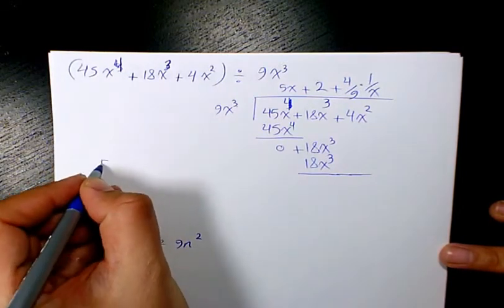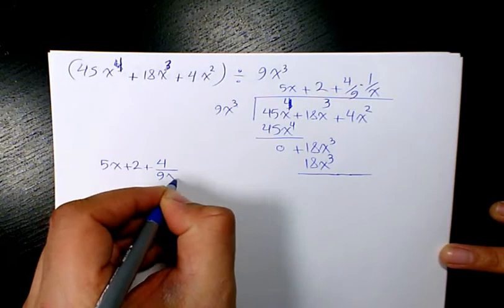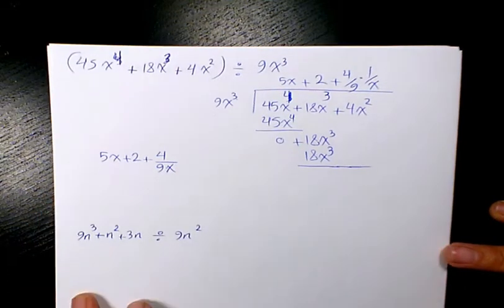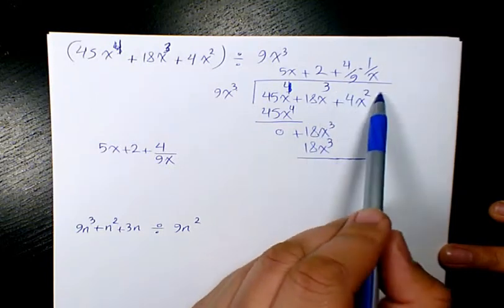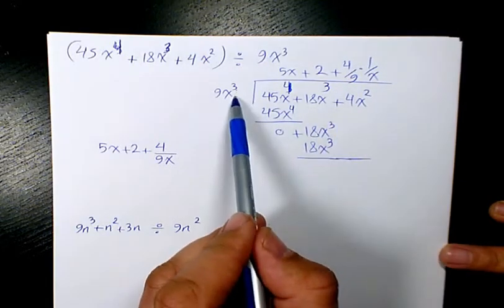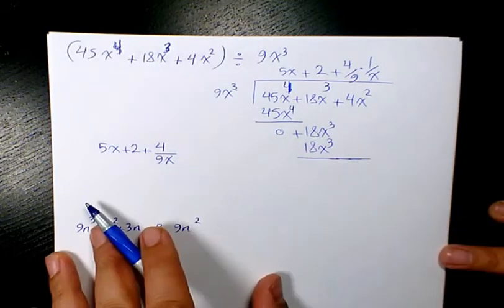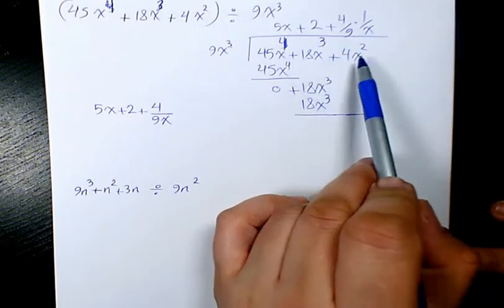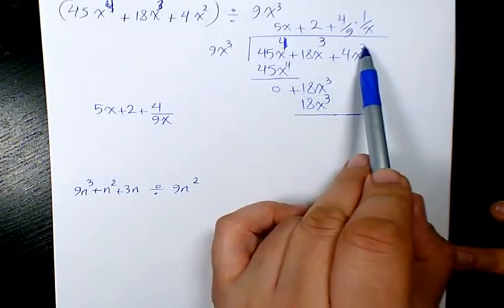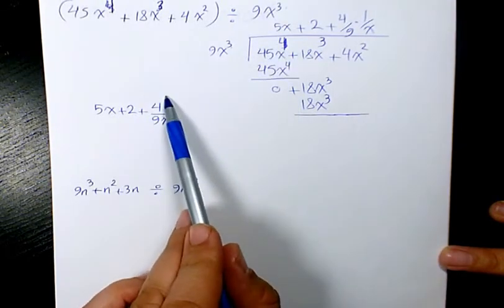So it's going to be 5x plus 2 plus 4 over 9x. Or what you can do, since the order of this 4x squared is less than 9x cubed, you can keep it as the remainder. Both of them are going to be the same, but when you keep it as the remainder, you just show it as 4x squared divided by 9x cubed, which when you simplify it is going to be like that.